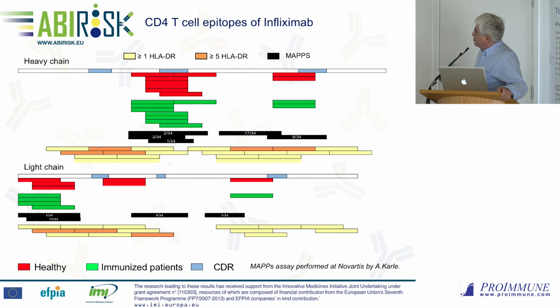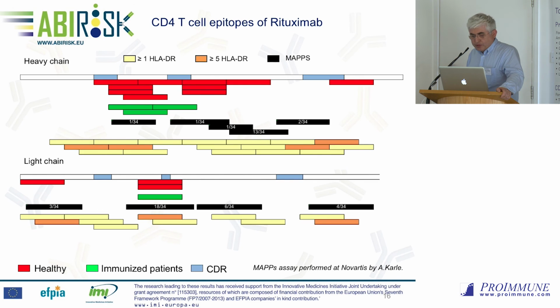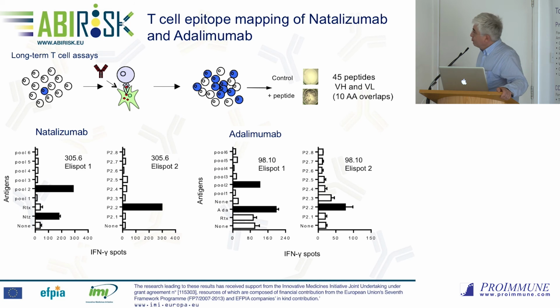And regarding the maps, you see here we detect very well the cluster of T-cell epitopes using the mass spec technology, but sometimes we also have false positive peptides in the sense that they are presented, but they do not stimulate T cells. And the same with rituximab.